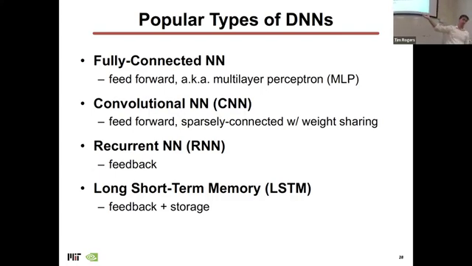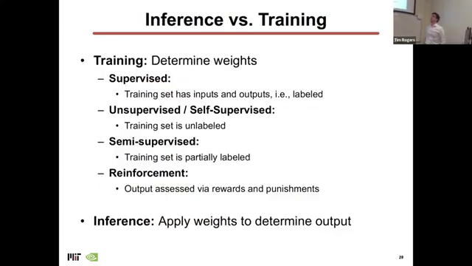An LSTM actually has some storage. This again was originally popular for language models, where you're trying to parse sentences. If you saw the word the, you want to remember that you saw the word the when the next word was cat, right? So you're trying to contextualize language. It's useful to have some of this storage was the original thinking.